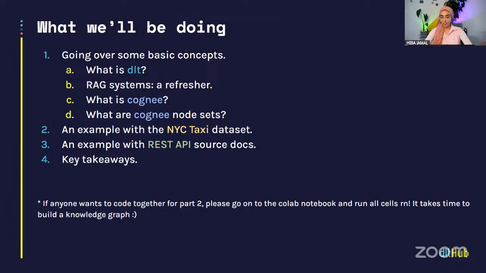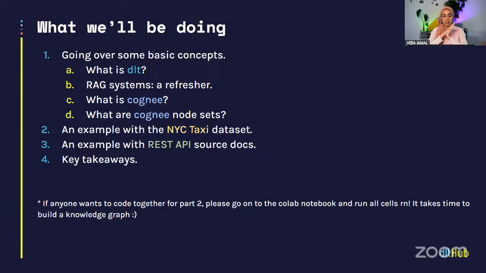After we've gone through this theory, we will go into an application of it, which is the taxi dataset. Then we will look into another topic, which I'll talk more about when we get to it, and we will conclude with some takeaways.